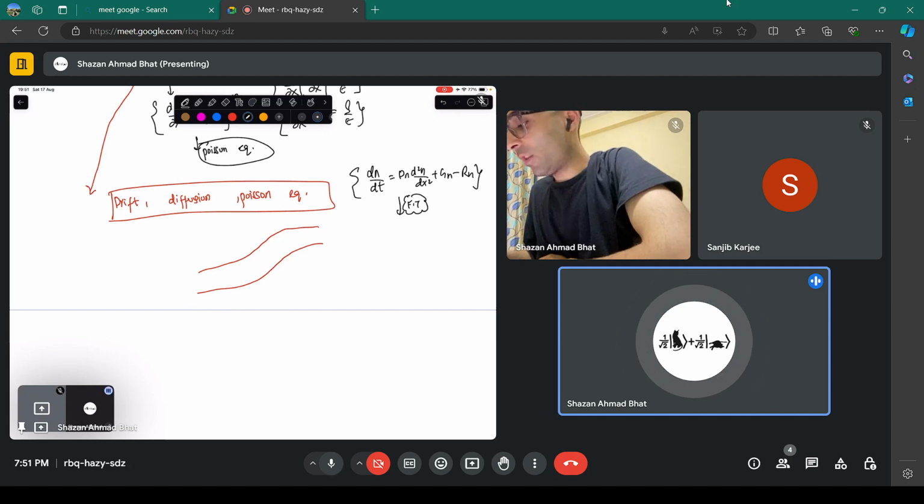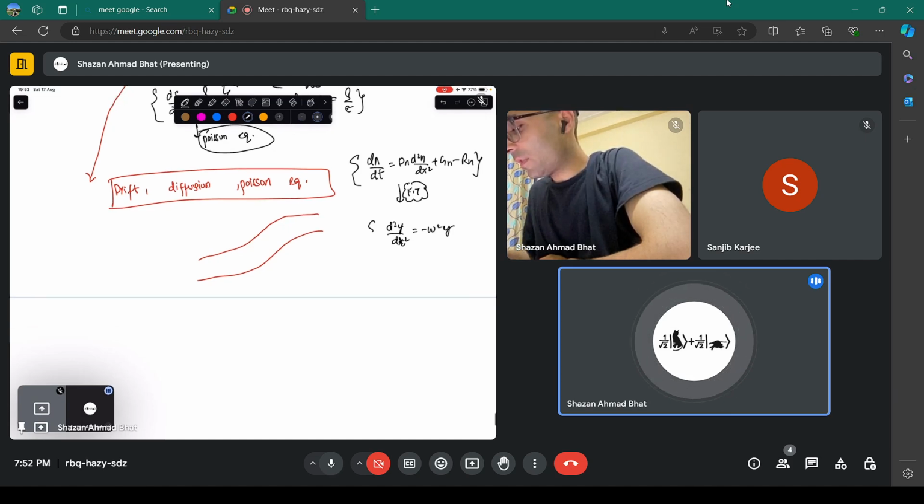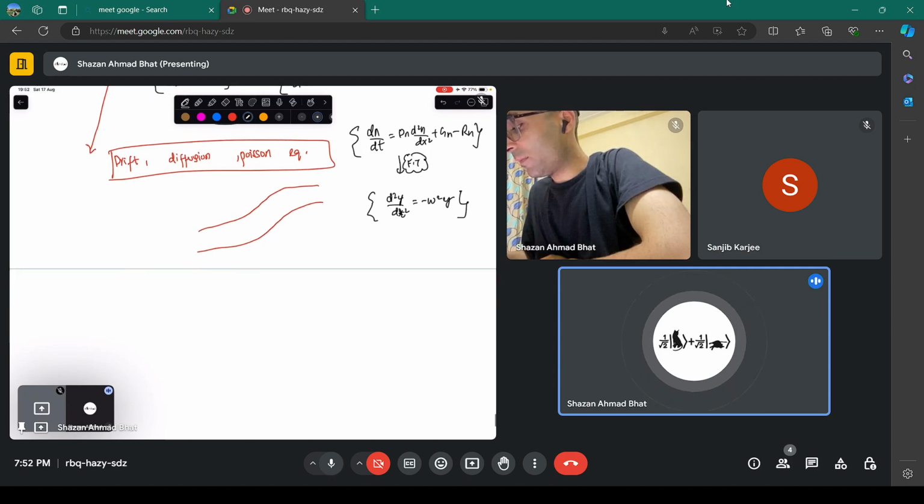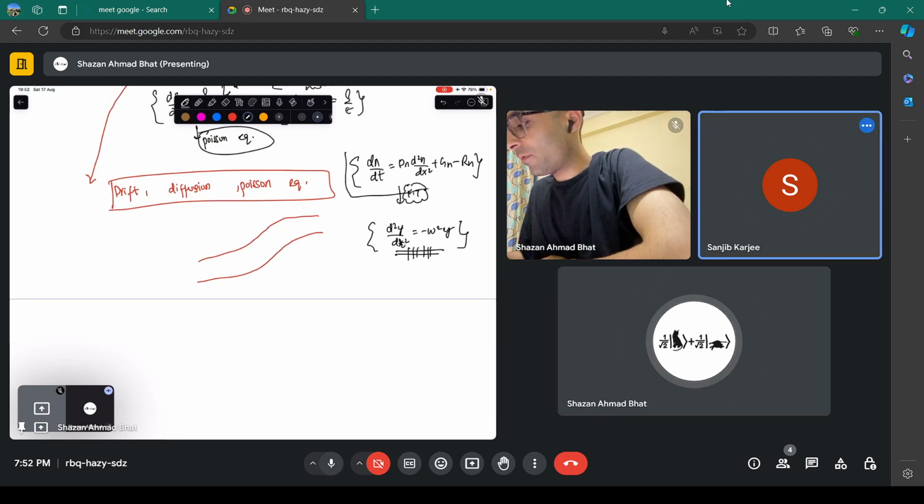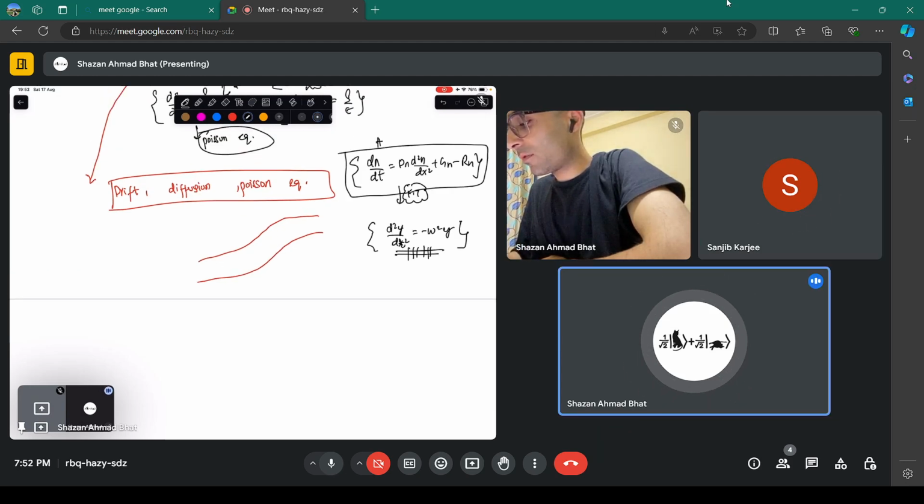Just like any other oscillatory problem, simple harmonic motion, d²y/dt² equals minus omega squared times y, you can solve such equations using the Laplace transform, and you can get an easier solution in the frequency domain. But applying the Fourier transform to the diffusion equation does not make sense.